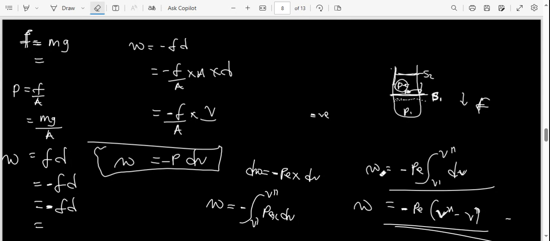Example question, how an exam can be given from this. Suppose we have the volume increased from 10 decimeter cubed to 20 decimeter cubed at 2 atm.